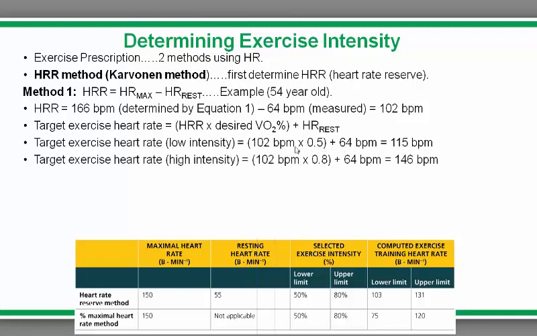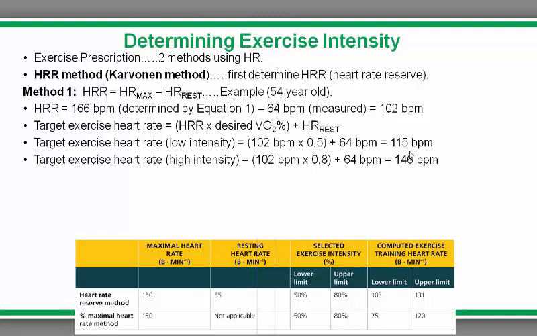If the person intends to engage in exercise at a higher intensity, and we're defining this higher intensity at 80% of their oxygen consumption level, we still have the same heart rate reserve, we have the same resting heart rate, and we see that the target heart rate to maintain for a particular period of time is 146 beats per minute.